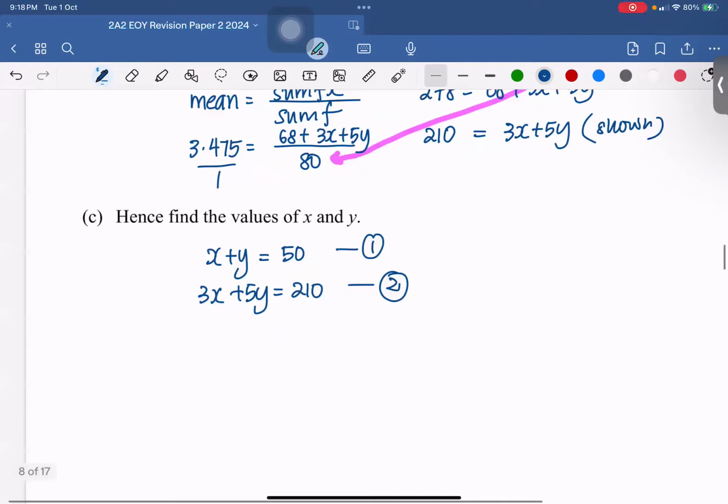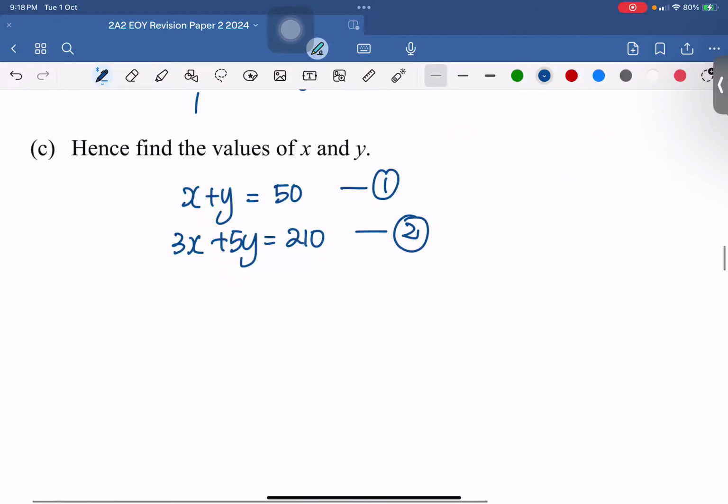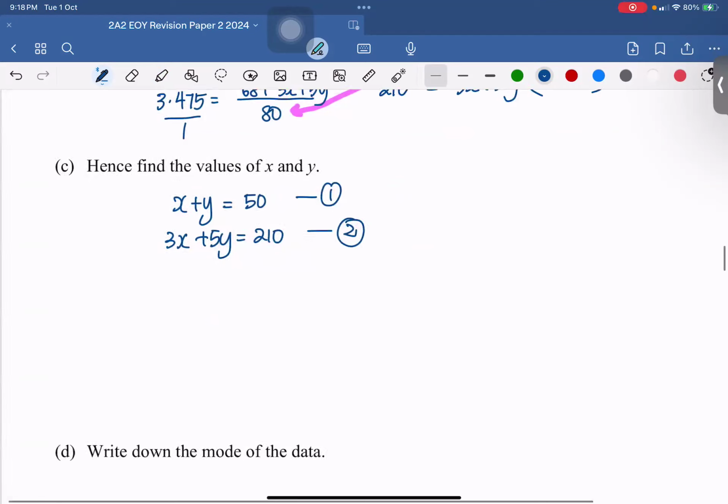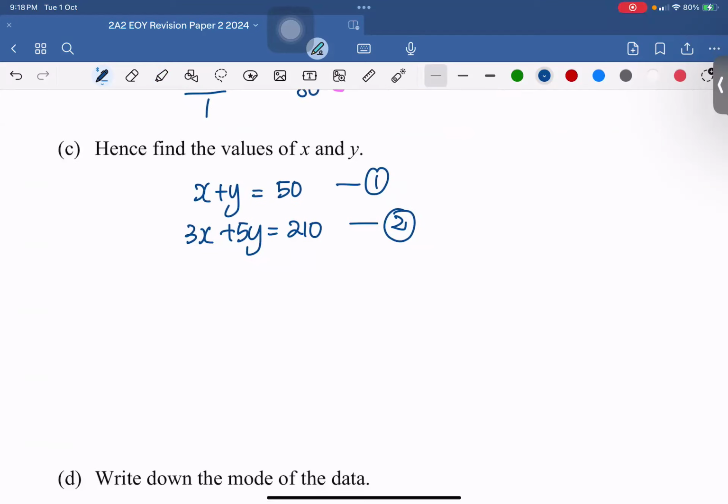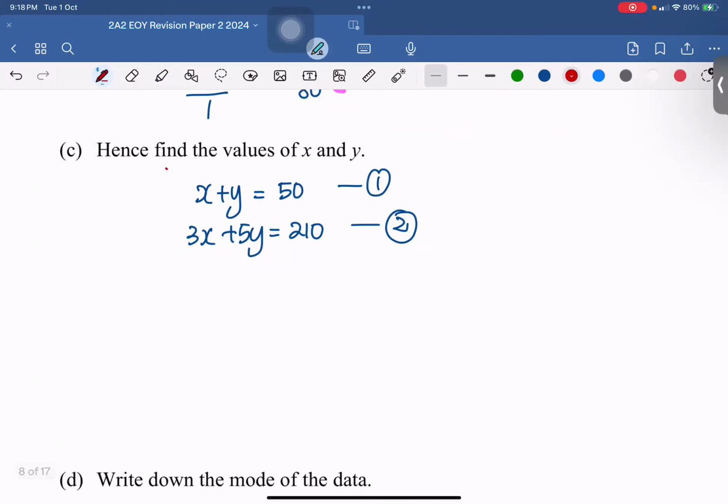I know you all like to do substitution, but I do elimination. So if I do elimination, I'm going to make something the same. I'll make 3x the same, so this one I times 3. I will get equation 1 times 3: 3x plus 3y equals 150.